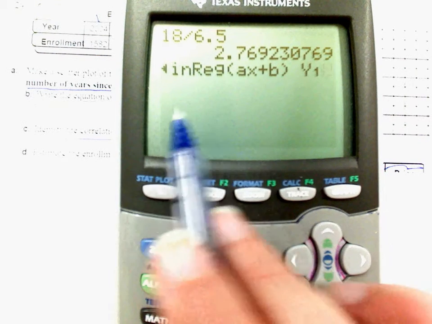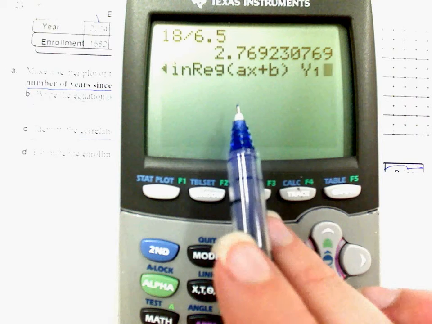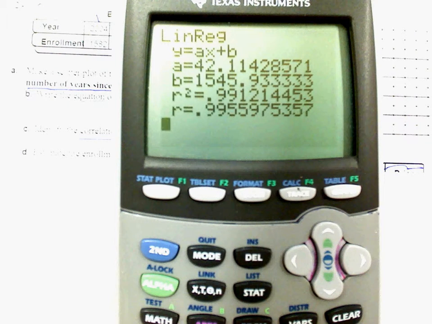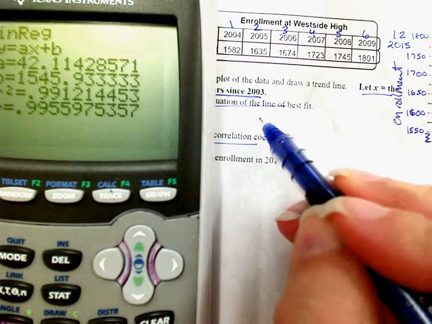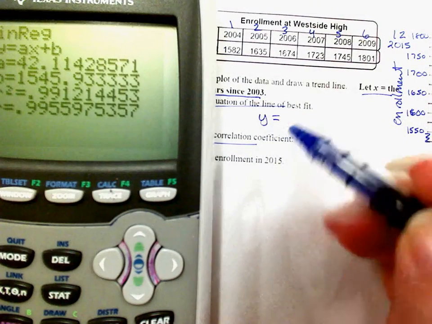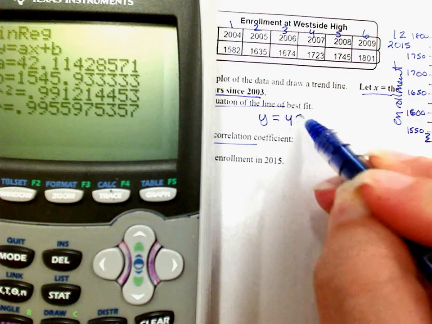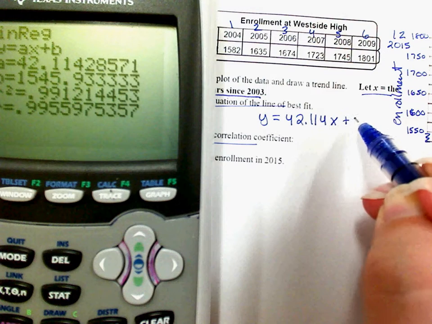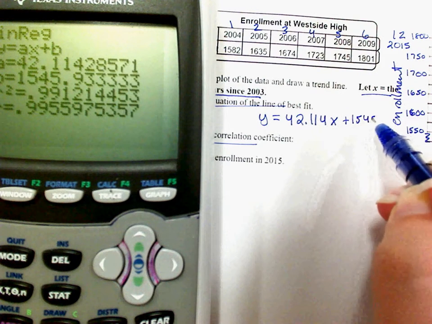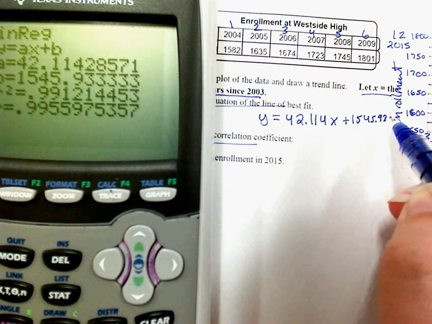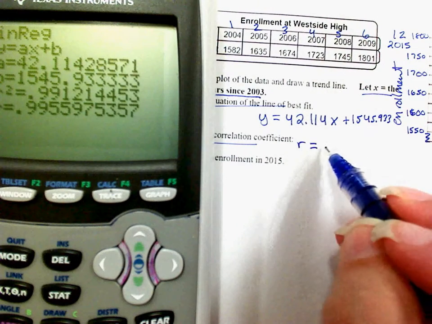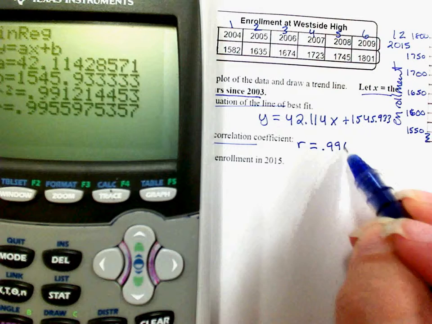So what is the equation for the line of best fit? X. Okay, what is the correlation coefficient? Okay, what is the enrollment in 2015?